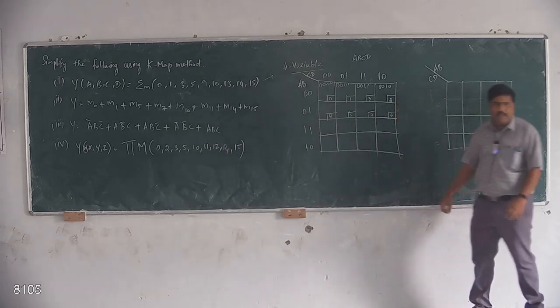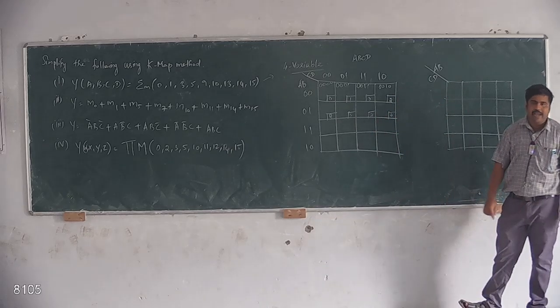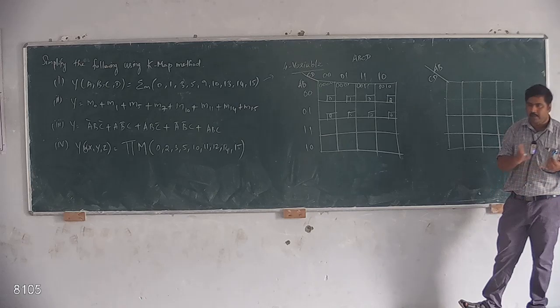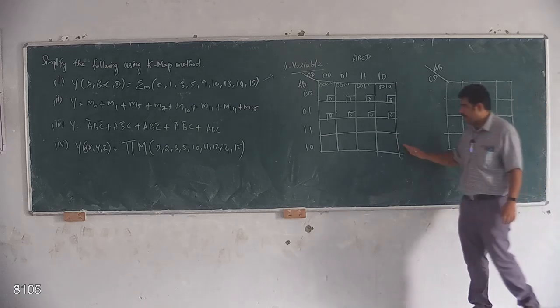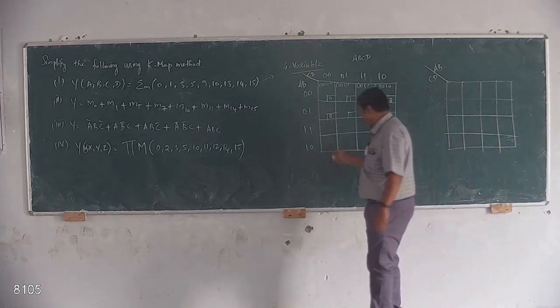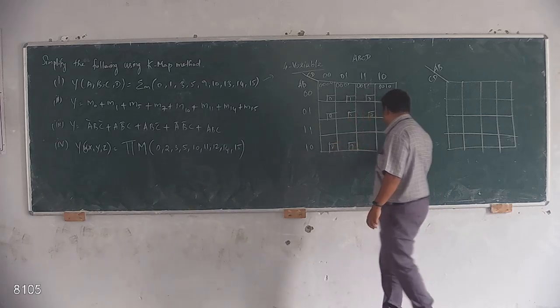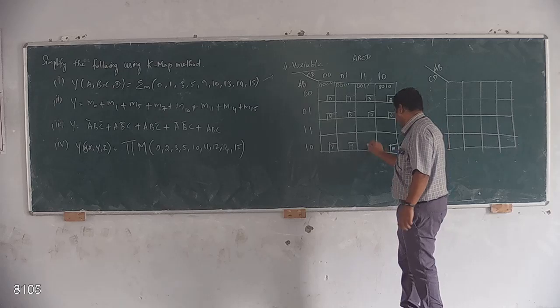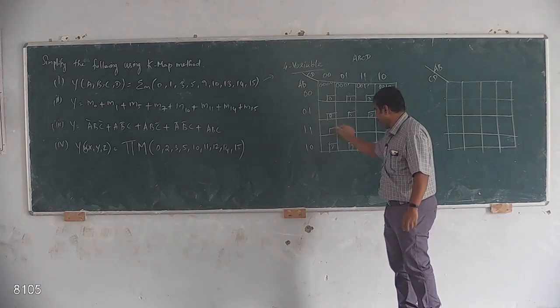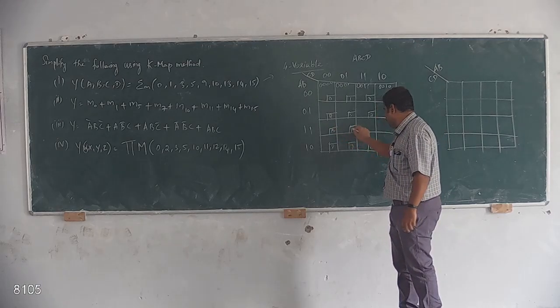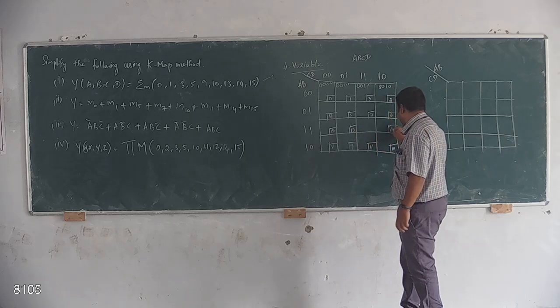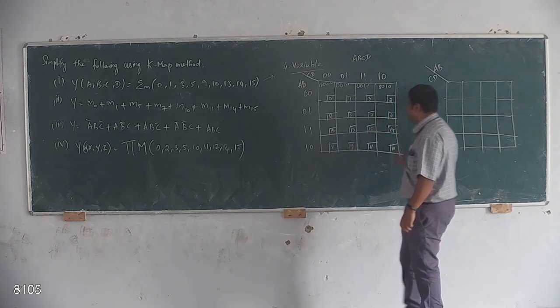Then where will 8 be? The equivalent binary value of 8 is 1 triple 0. Where is the box containing 1 triple 0? Here. So 8, 9, 10, 11, 12, 13, 14 and 15.